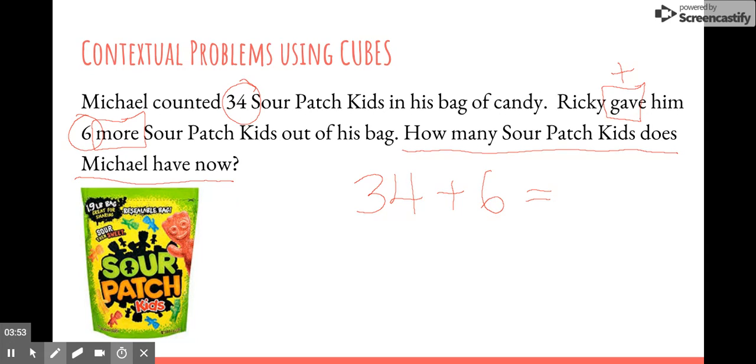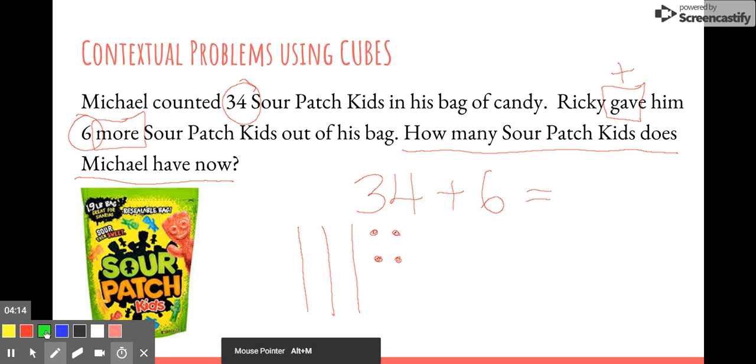So I'm going to draw this out using my knowledge of model form, and I'm going to draw rods for tens. I have 34, so 1 ten, 2 tens, 3 tens. That's 10, 20, 30. And then I have 4 ones, 1, 2, 3, 4. Now I have a model form representing my 4 ones.